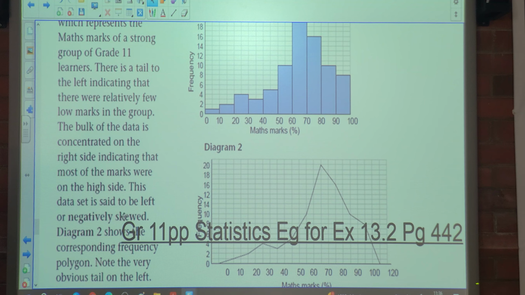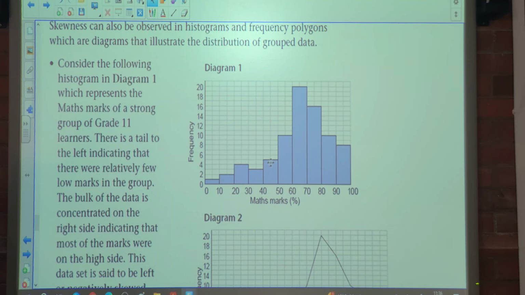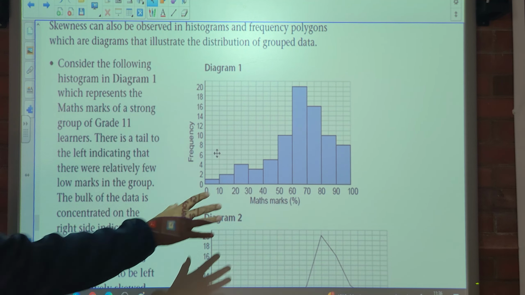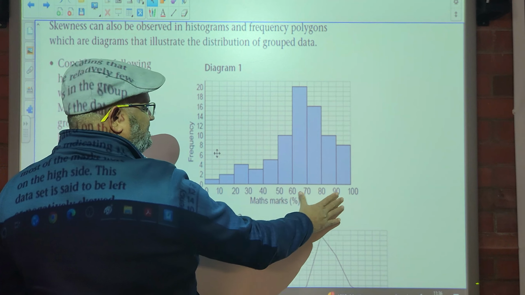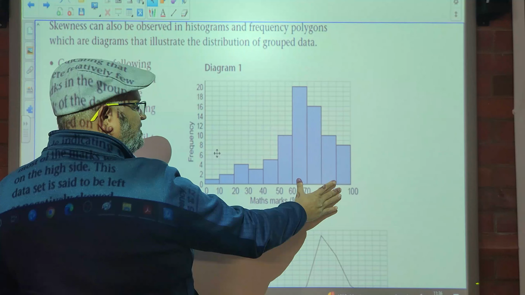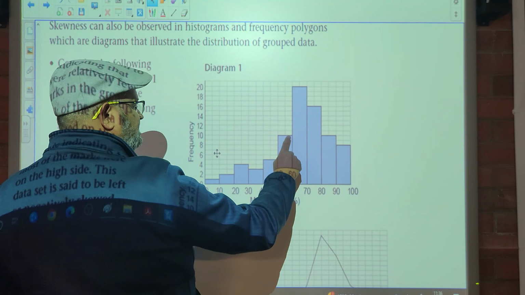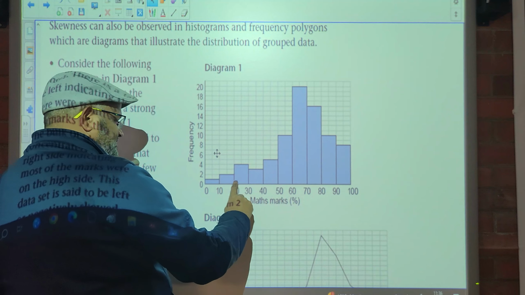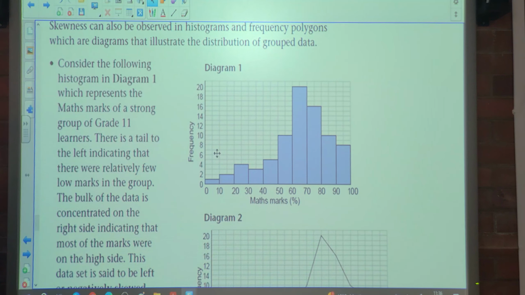This data is said to be left or negatively skewed. As you can see here, the tail is long here. You see the concentration is here. Most of the kids scored higher than 60%. Can you see that, people? Most of them are there, or even greater than 50%. So the tail is long on the left side, so this is data skewed to the left.